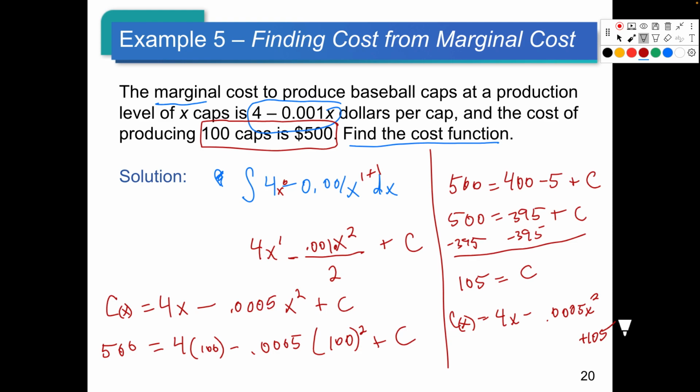But it isn't real clear. I knew I needed to get the integral, but I said, who cares if the 100 caps cost 500? That's how you get your c. And so then we get the exact function, and okay, fixed costs are $105. I could handle that. Now we know exactly what we're doing. But you don't want to open a business and not know all the information. You've got to get this, and that's where we're going. Okay, so they'll give you those. Questions on that one?